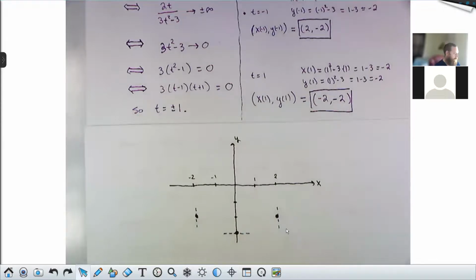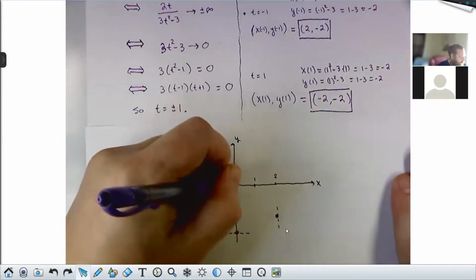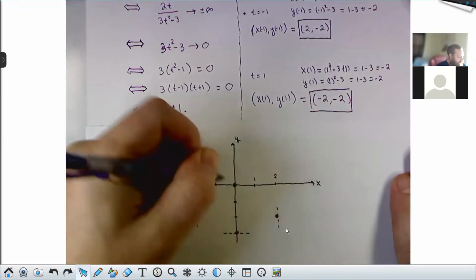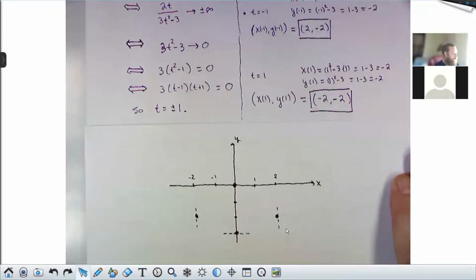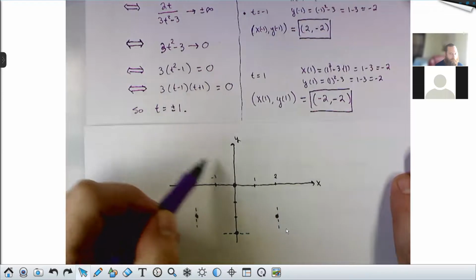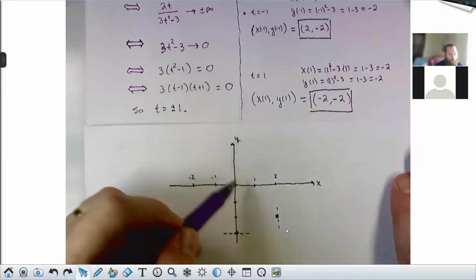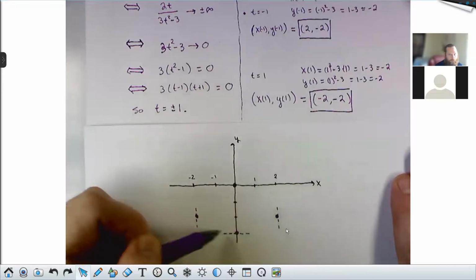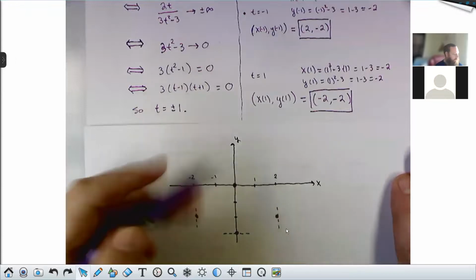The curve goes through the origin twice. If you set x and y equal to 0, you find 2 places where we pass through the origin. If you plug in a few t values that are negative, you'll find your curve starts off over here, comes in like this, loops around, and comes out like this.